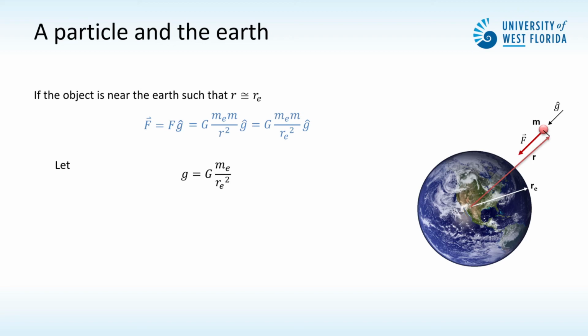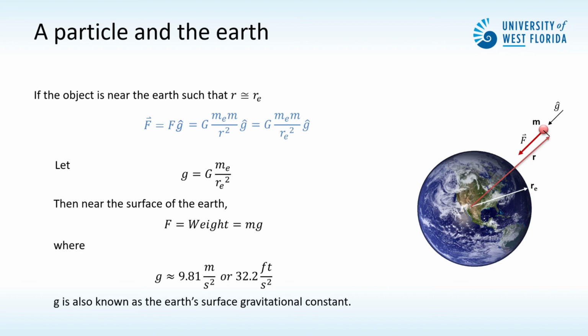If we define small g to be the gravitational constant times the mass of the Earth divided by the radius of the Earth squared, then near the surface of the Earth, the force exerted by the Earth on an object is its weight, and that is equal to its mass times small g, where small g is approximately 9.81 meters per second squared, or 32.2 feet per second squared, and that is known as the Earth's surface gravitational constant.